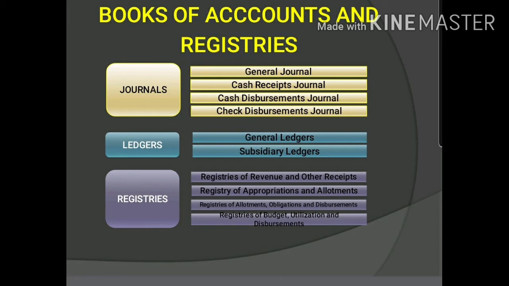Subsidiary ledgers. Registries. The following are types of registries: 1. Registries of revenue and other receipts, RROR. 2. Registry of appropriations and allotments, RAPAL. 3. Registries of allotments, obligations and disbursements, RARD. 4. Registries of budget, utilization and disbursements, RBUD.